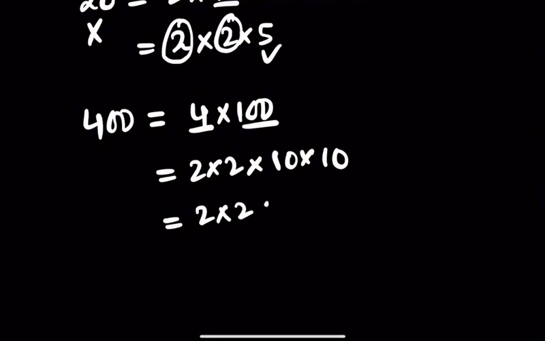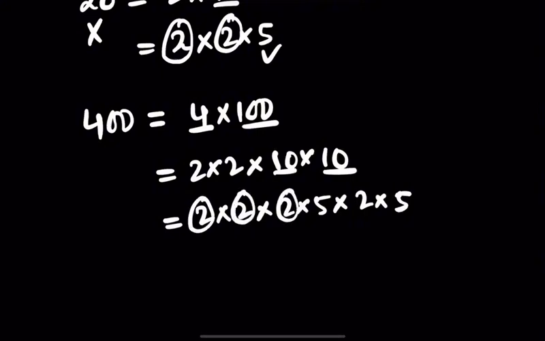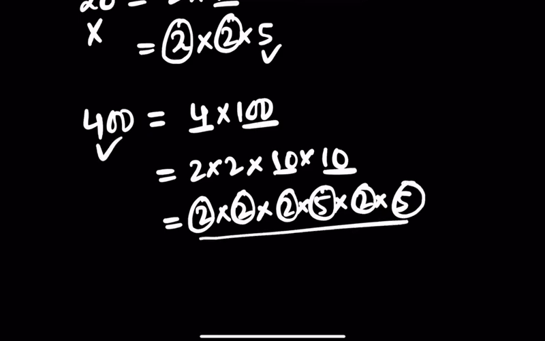This 10 can be further written as 2 times 5, and same with this one. So now let's see if all the factors have a pair. This 2 has a pair, this 2 also has a pair, and this 5 also has a pair. Since all the factors have a pair, therefore 400 is a perfect square.